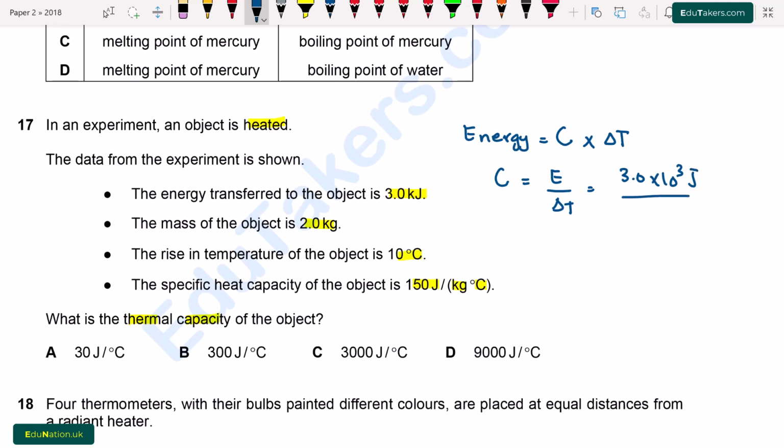It is given 10 degrees C. So I write here 10 and the unit should be degree C. So C will be equal to 300 joule per degree C. From here, option B is correct.